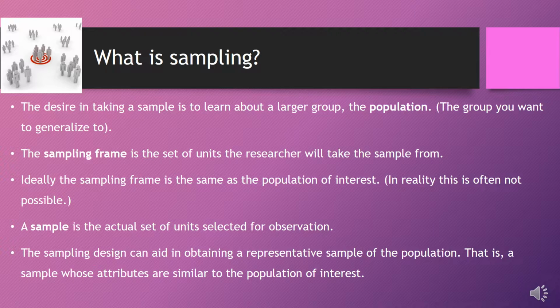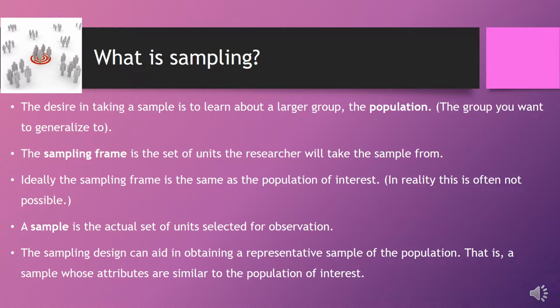Ideally, the sampling frame is the same as the population of interest. A sample is the actual set of units selected for observation. The sampling design can aid in obtaining a representative sample of the population. That is, a sample whose attributes are similar to the population of interest.